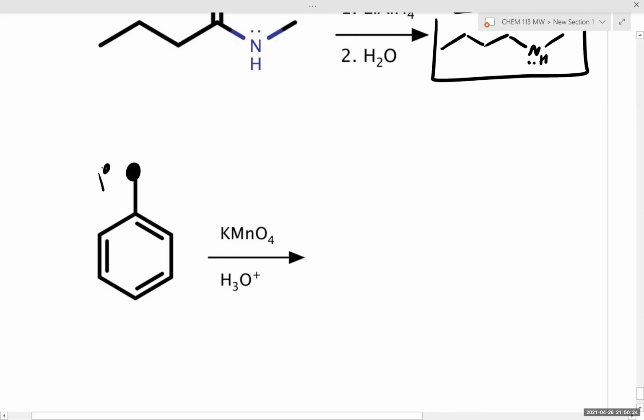What functionality do we get under these oxidation conditions? Some would call them exhaustive oxidation conditions. The carboxylic acid, exactly right. This is a useful method for preparing aryl carboxylic acids.